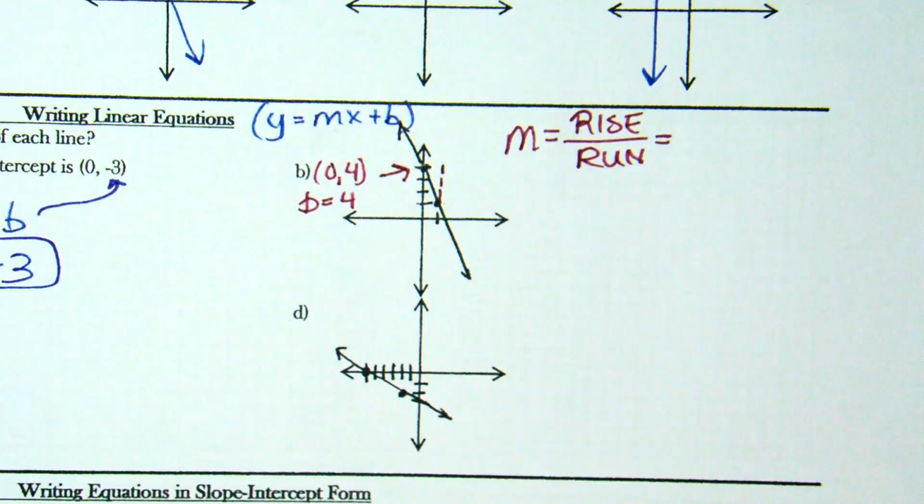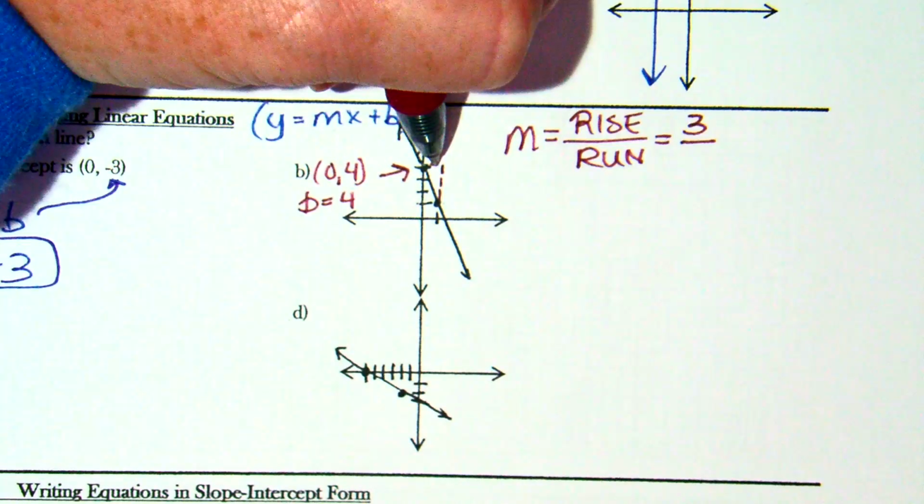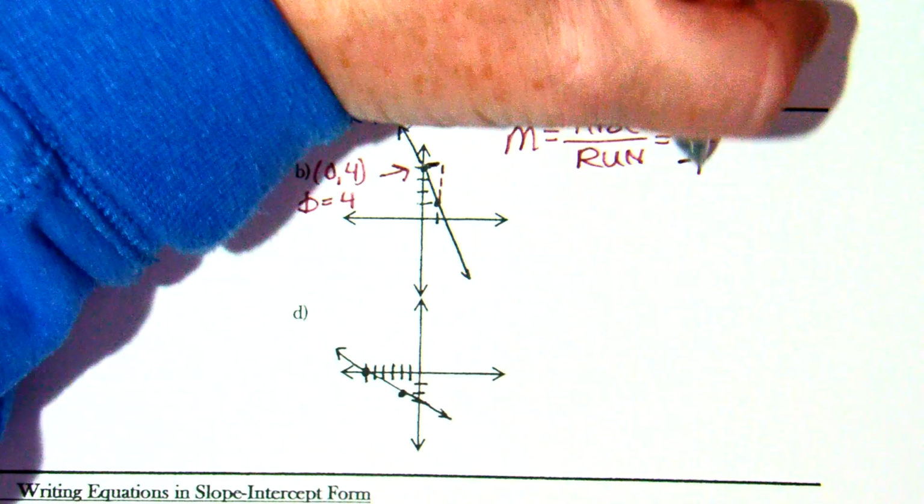So a rise 3 up is a positive 3. And then what's Luke have to do? How far does he run? 1 to the left, which is negative 1. Is that the way you guys would have done it, or would you have done it the other way? Or does it just depend on the problem, maybe?